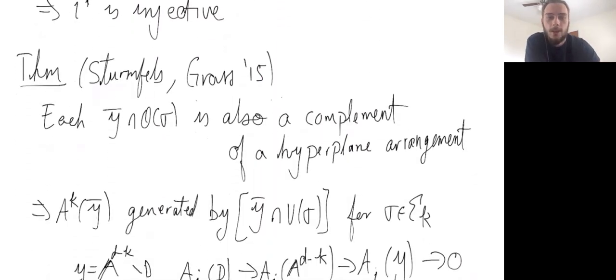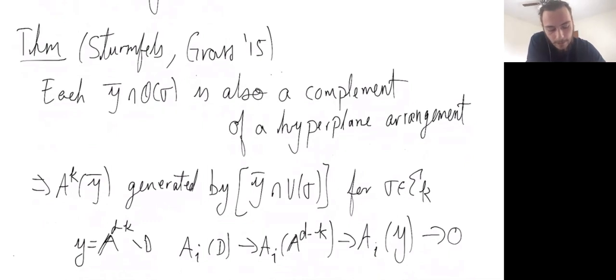the key observation here is, so I had this stratification of my toric variety by the torus orbits, and I pull that back, and I get a stratification of my compactification y bar by the intersections with the torus orbits, and it turns out that each of these strata is itself a complement of a hyperplane arrangement.